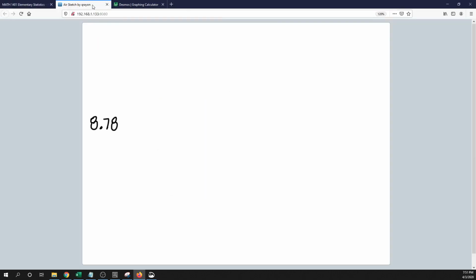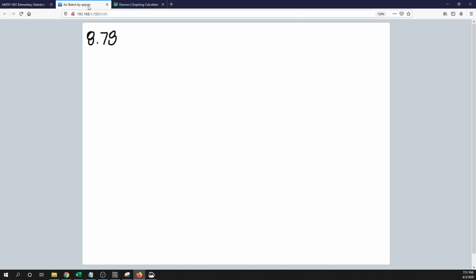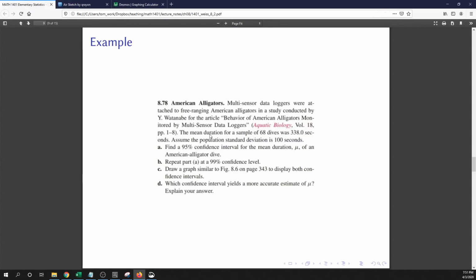Okay, so the sample mean was 338. The sample consisted of 68 dives, so n equals 68.